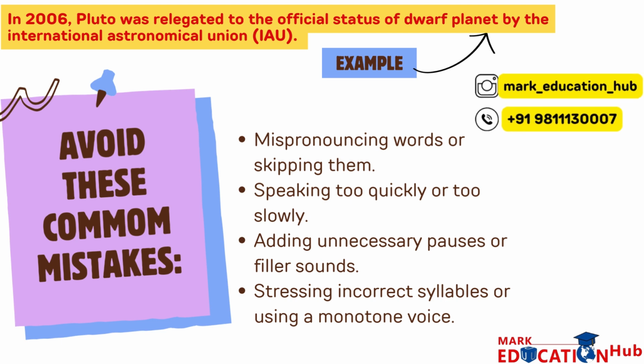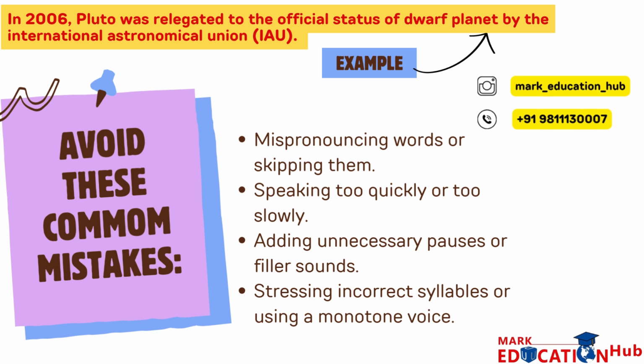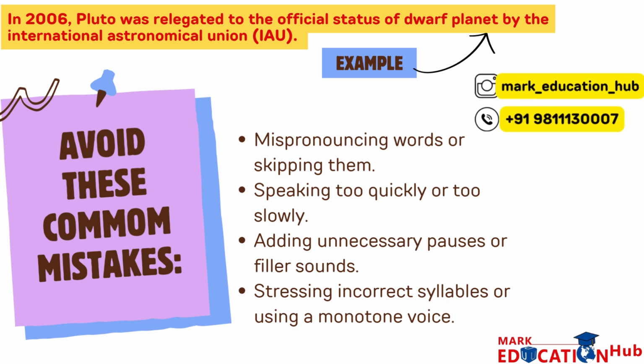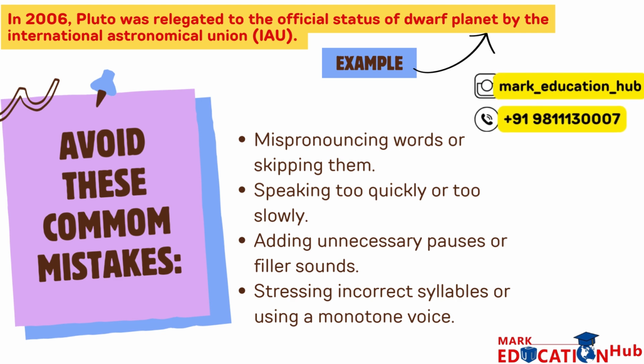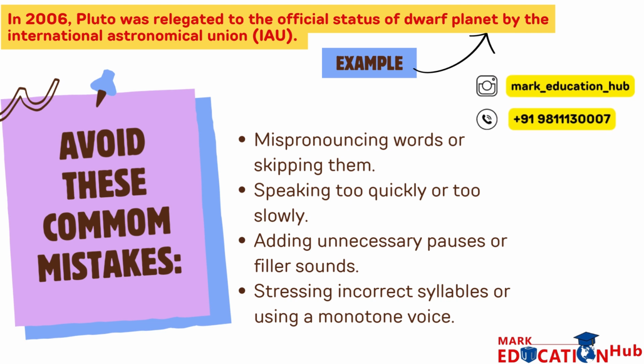And talking about my tone, I should take a pause after the comma, that is after 2006, and after the word of. Now, if I read it, I will read it like, in 2006, Pluto was relegated to the official status of dwarf planet by the International Astronomical Union, IAU. Here, I stressed on the correct words, took the correct pauses, and maintained a steady and natural flow.